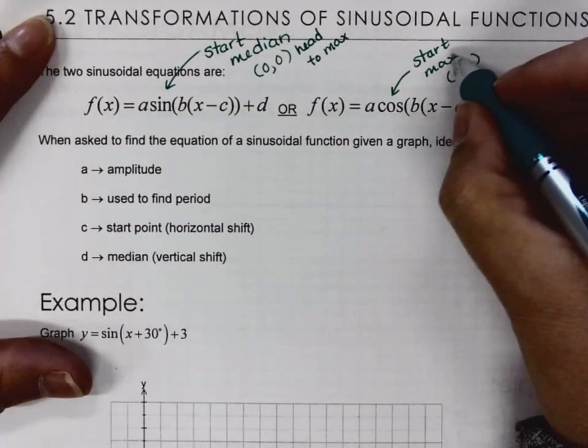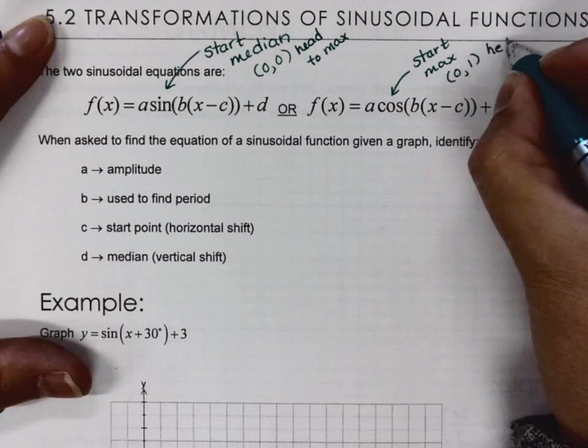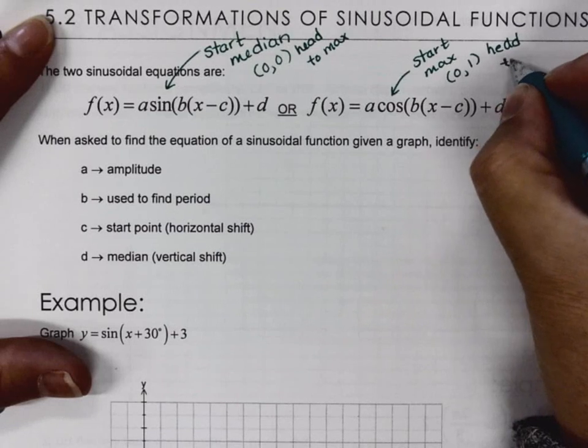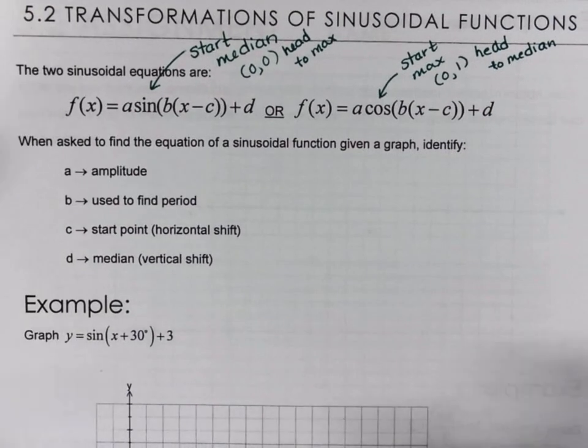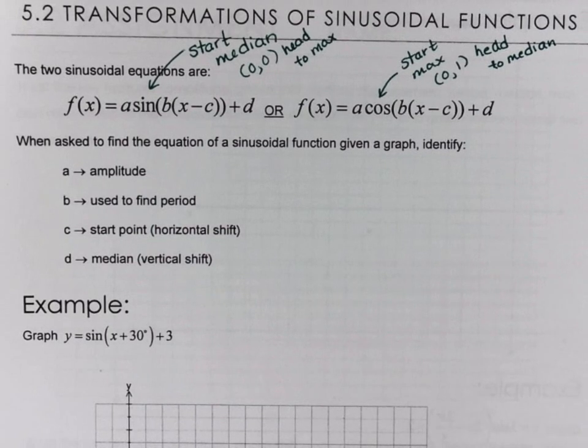There, they start at a maximum, and the next point they head to is a median. On a sine graph, it starts at a median, but it's headed towards a max. Really important, because once we have reflections, you're going to need to know that it might still start at a median, but now it's headed to a minimum. Cosine graphs are a little more straightforward.